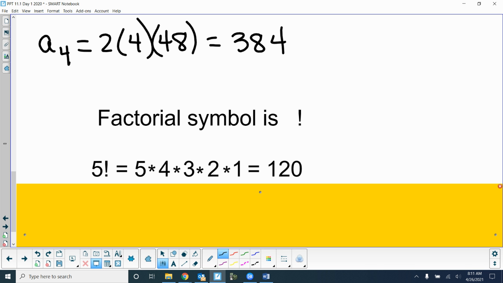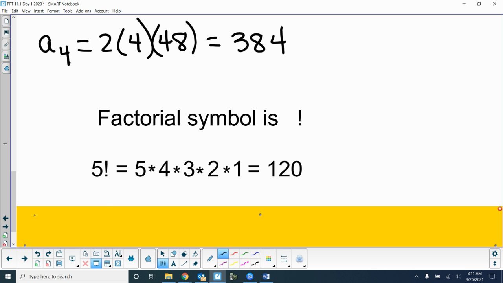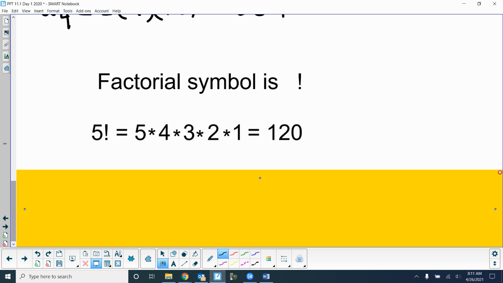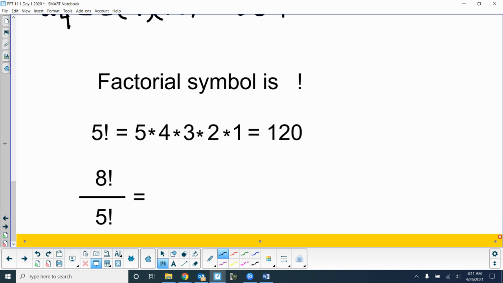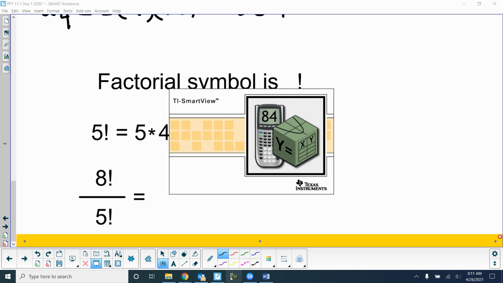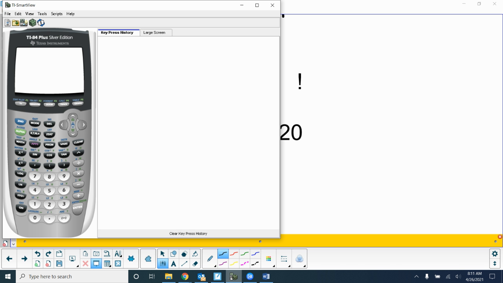All right, so you'll see that symbol sometimes. You might get a problem like this. You have that button on your calculator, I'll show you. You can just put it in your calculator if you want.